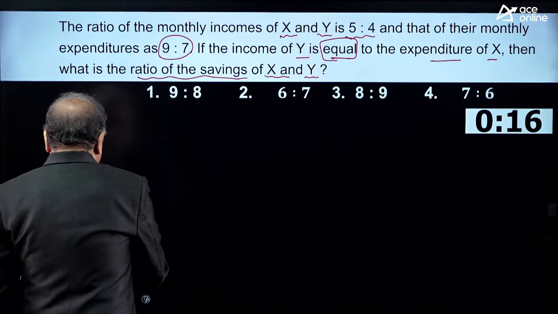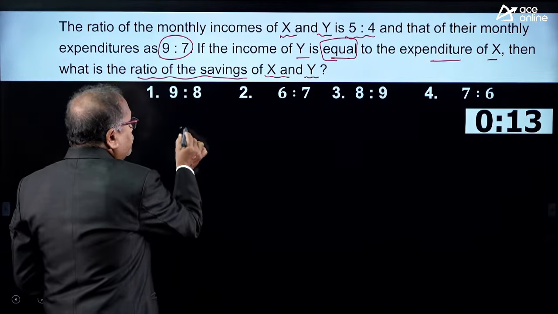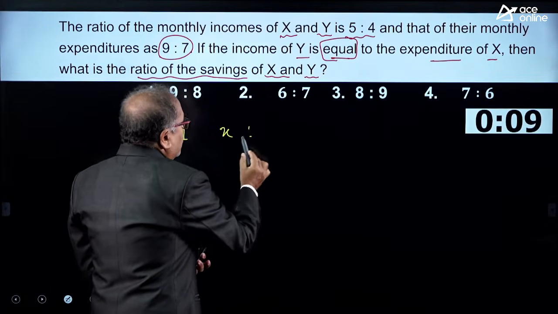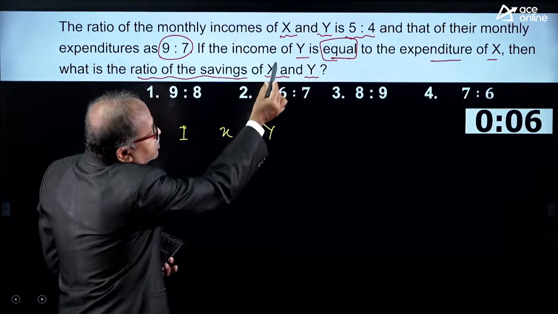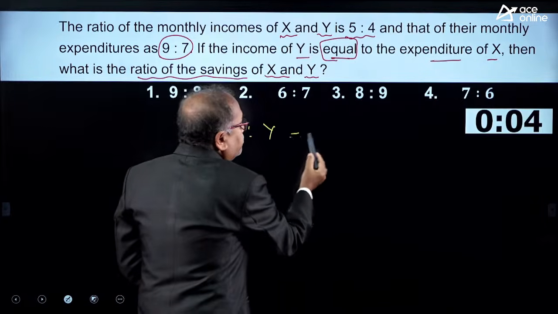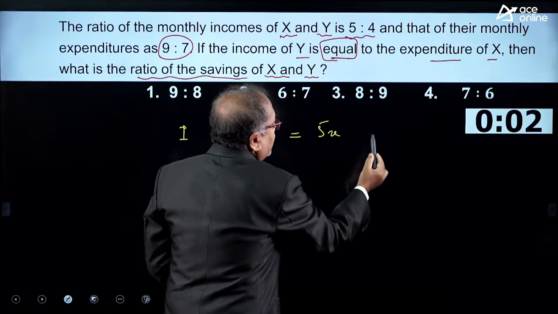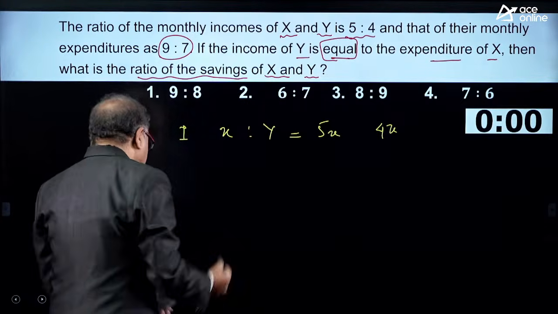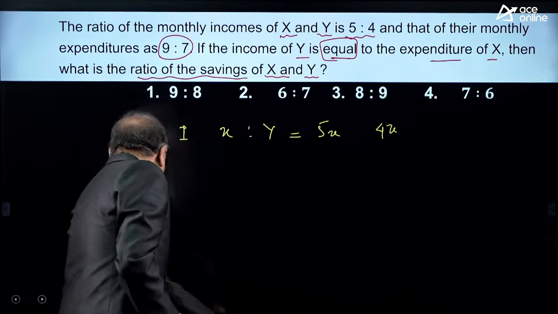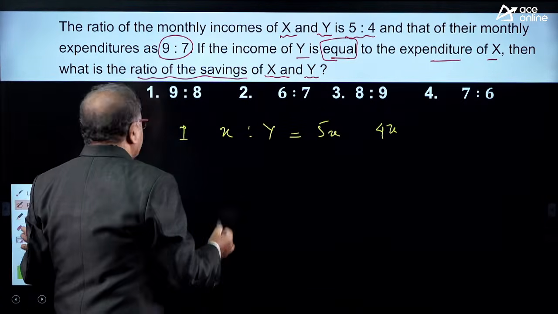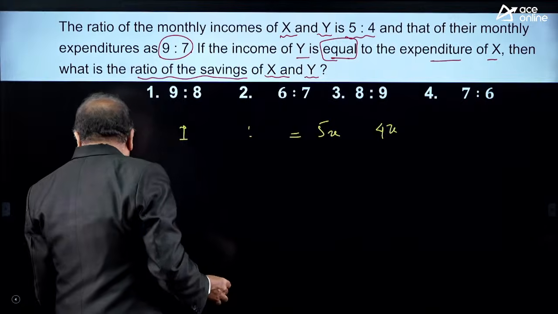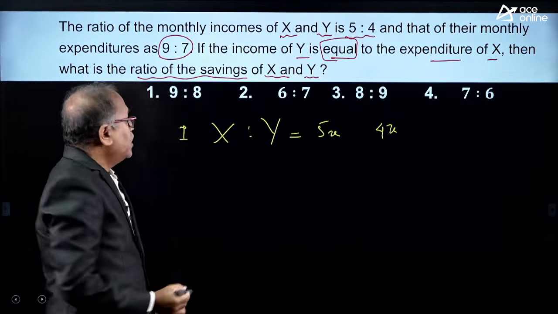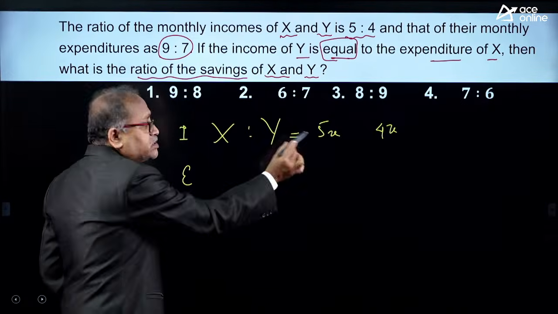Let me give you some clue if you are new. So, income. What is the ratio of X and Y? Income ratio 5:4. That can be written as 5x and 4x. Not this x. This X is a capital X, the name of the person, X and Y. And what is their expenditure ratio of X and Y?